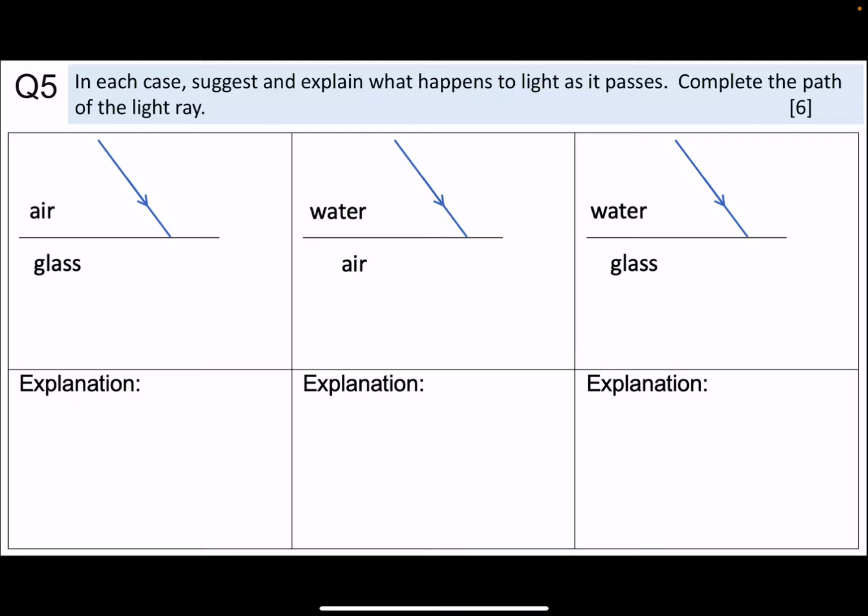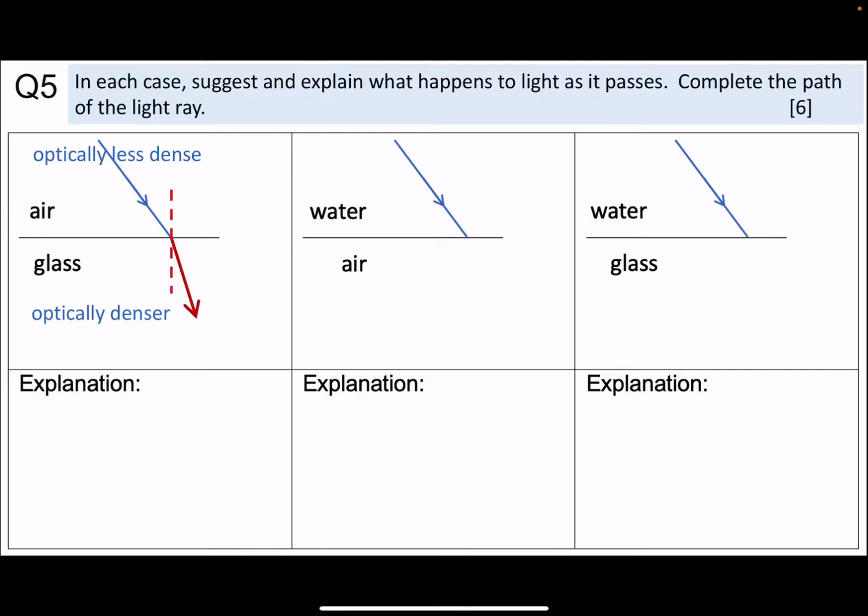So in each case, suggest and explain what happens to light as it passes from one medium to another, and complete the path of the light ray and explain. So let's look at the first case where the light ray travels from air into glass. So air is optically less dense while glass is optically denser.